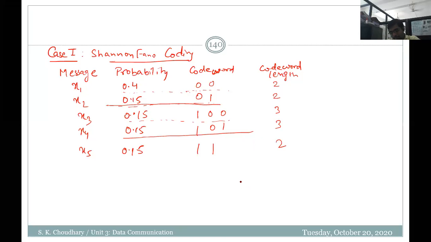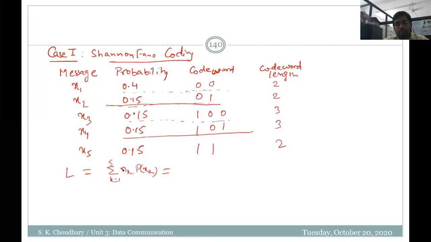So in this way we have generated the code words for the messages x1 to x5, as well as the code word length L. We have to find L from here, the average code word length. What is the value of this? We know that L is the sum for k equal to 1 to 5 of nk times p of xk.